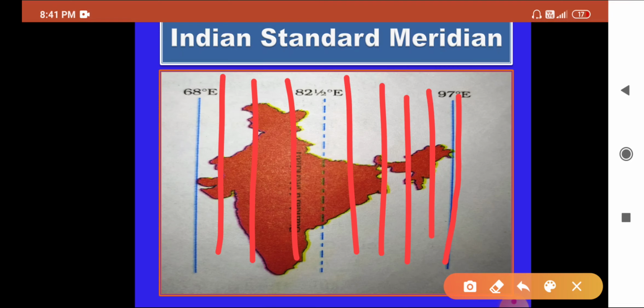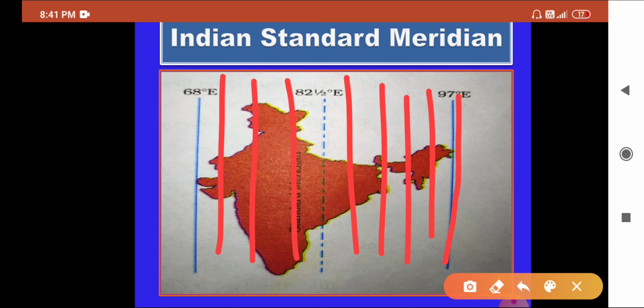So each longitude is having different timing. Okay, so we have, as per you can say the international standards, 4 minutes is given for each line.